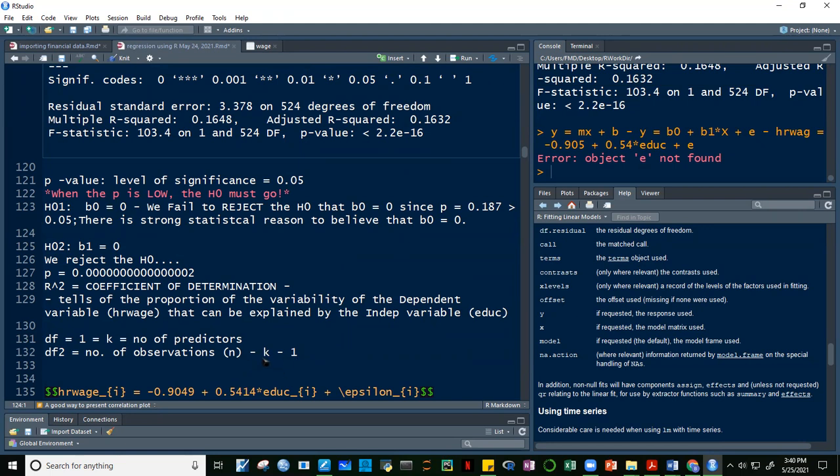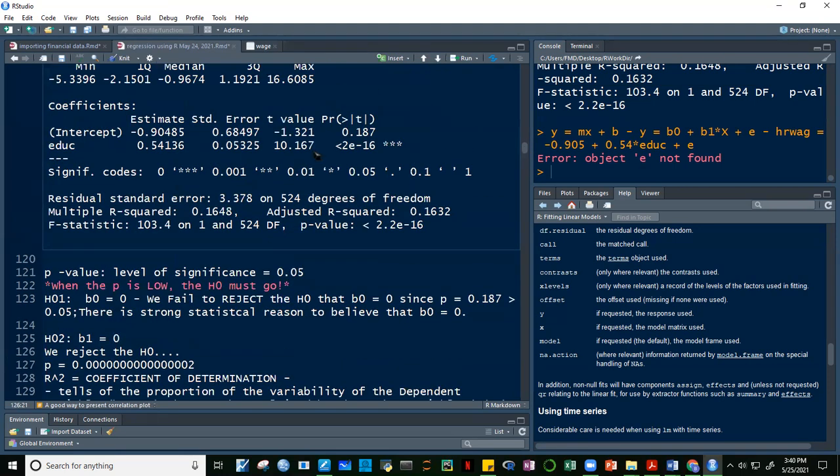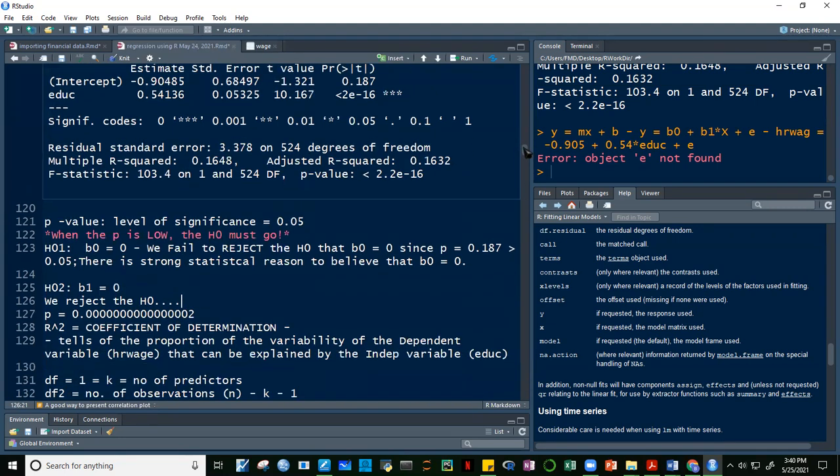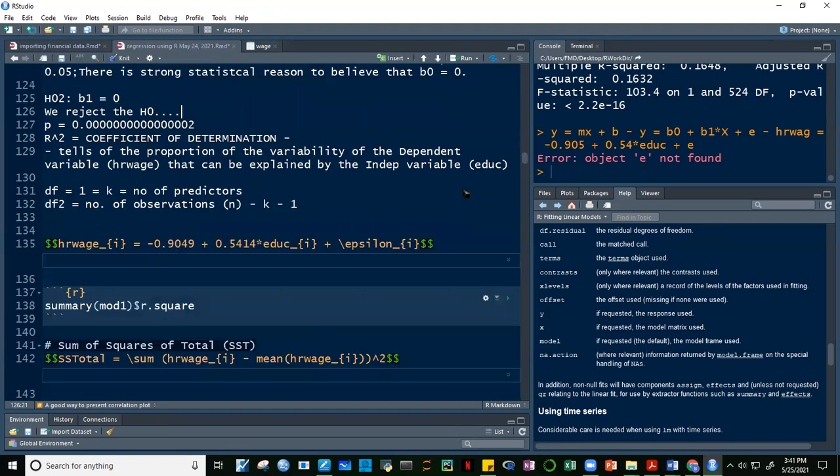Kaya that's why it's n minus k minus 1. So 526 minus 1 minus 1, that's 524. Okay? And the p-value is 2.2e-16, etc. No? So halos pareho lang nitong p-value dito. Okay. So may p-value na naman tayo dito, may f-stat na naman tayo dito. So ibig sabihin may inference na naman tayo dyan.